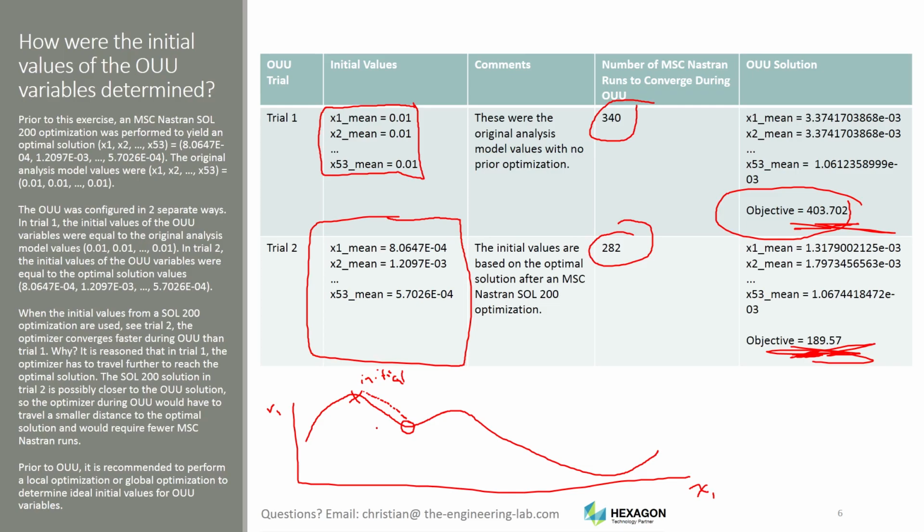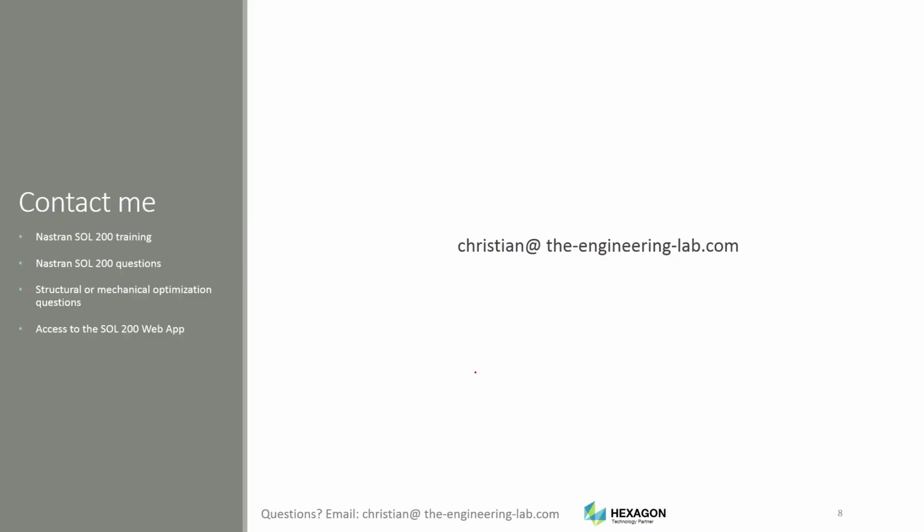So this is one of many optimal solutions. Whereas if we start at the SOL 200 solution, which might be here, this dot, as it's trying to look for the optimal OUU solution, it's actually found a better optimum solution. So here you can imagine that the mass here might be 190, but the mass up here might be 403. So it's just the optimizer is finding the first optimal solution that it finds. So that explains the difference.